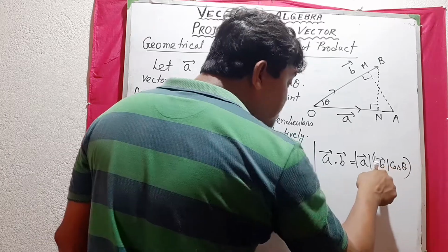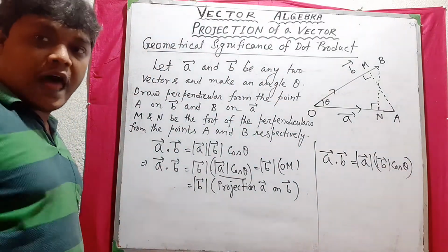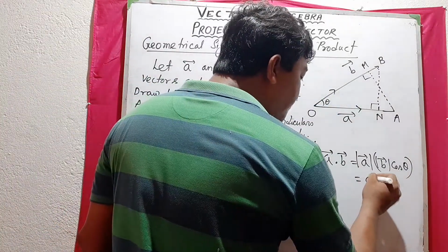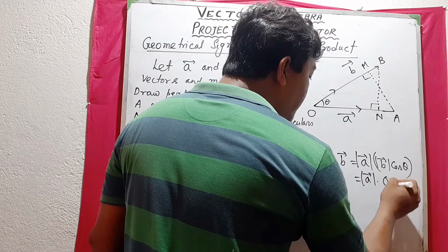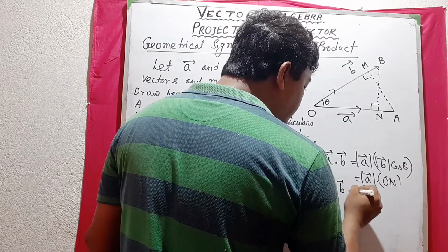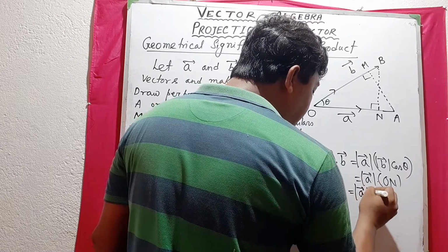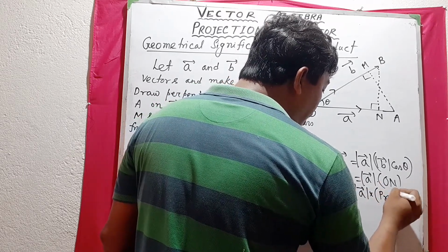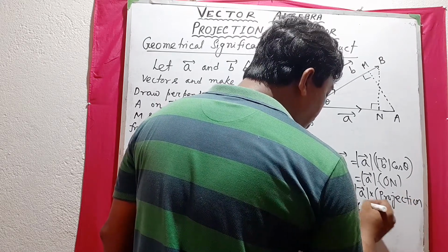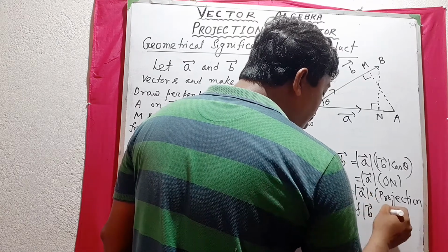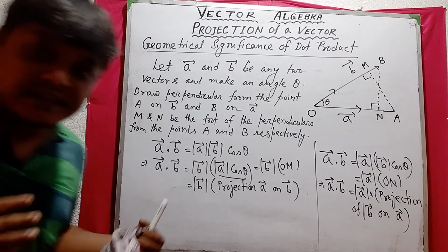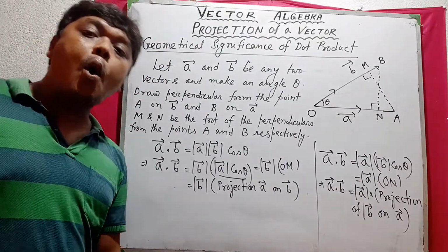So that is the projection of B vector on a line, that means the projection of B vector on A vector, we can say mod of A into ON. Or A dot B equals modulus of A into the projection of B vector on A vector, a multiplication. So that is the geometrical significance of the dot product.